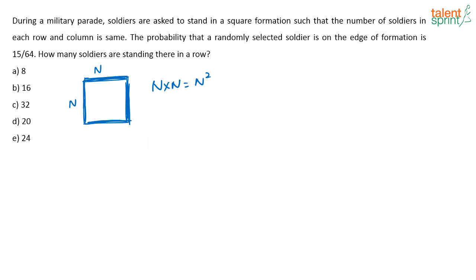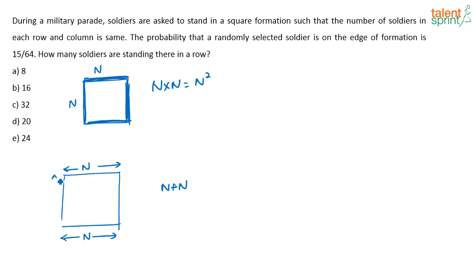First of all, totally how many people are there in these edges? So this is your square, here you have n people, here also you have n people, correct? So, n plus n, 2n people in this edge and this edge put together.